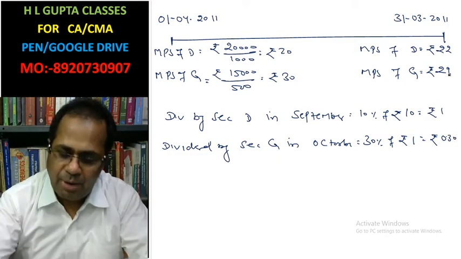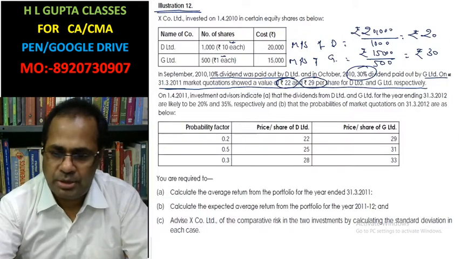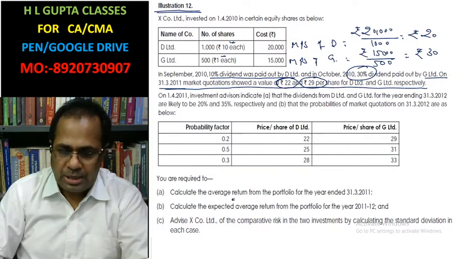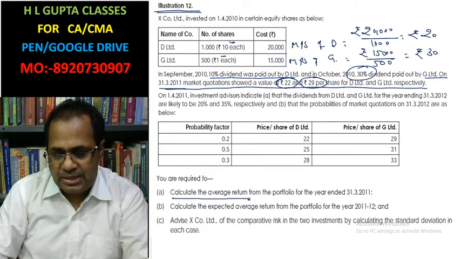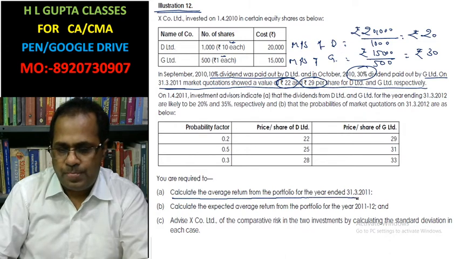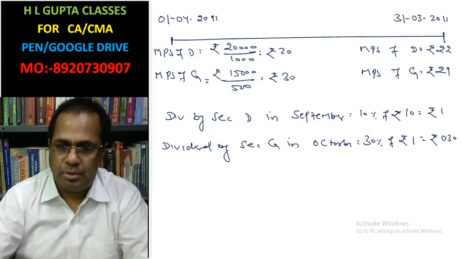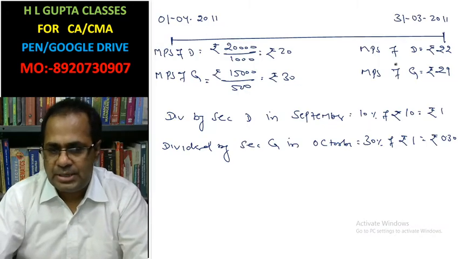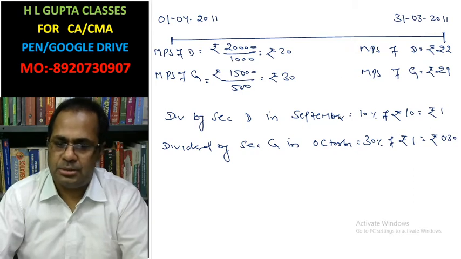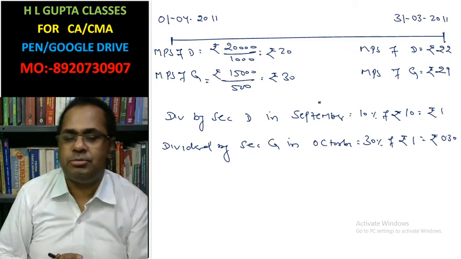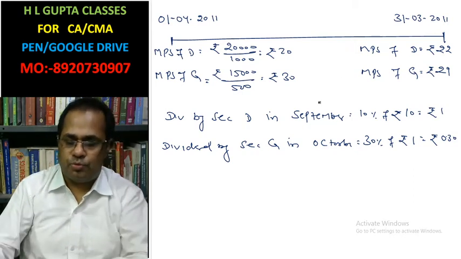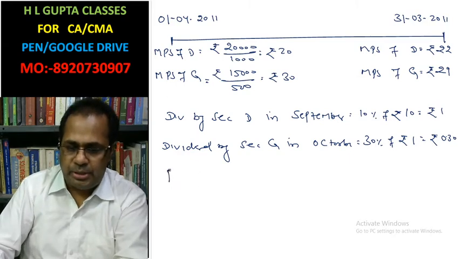After this you have to calculate the average return from the portfolio for the year ended 31st March 2011. It means you have to calculate the portfolio return percentage. What is the formula for portfolio return?